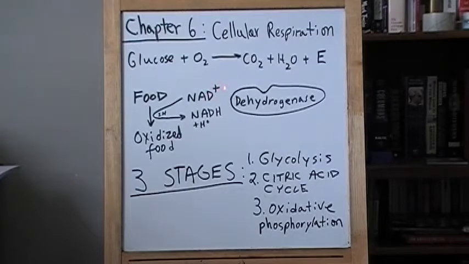One of those electrons neutralizes the positive charge on the NAD+. The other one is just added as a hydrogen atom. And what's left over is one hydrogen ion. So two electrons from the food are removed and added to NAD+, and that makes NADH plus H+.